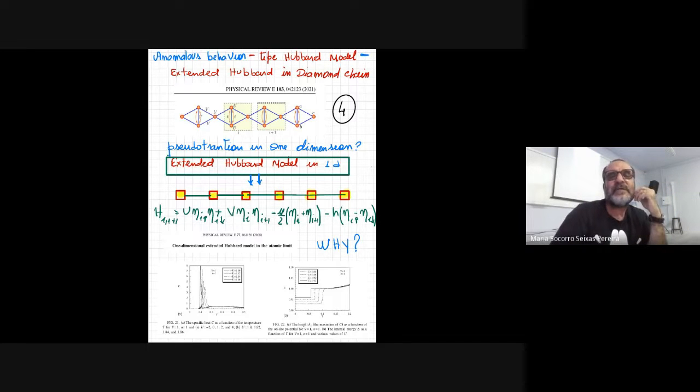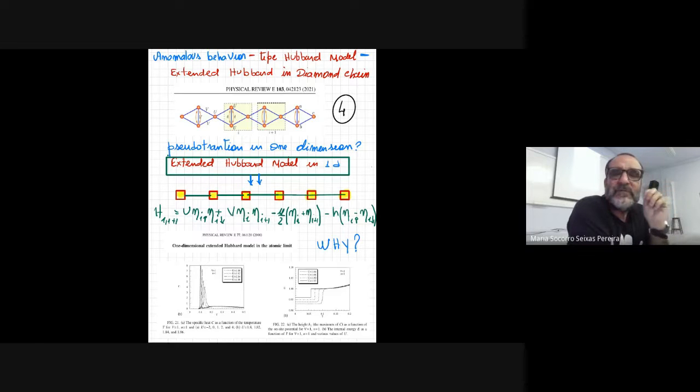And in this case, in this dimer, we permit the movement of electrons, and we work with this model.